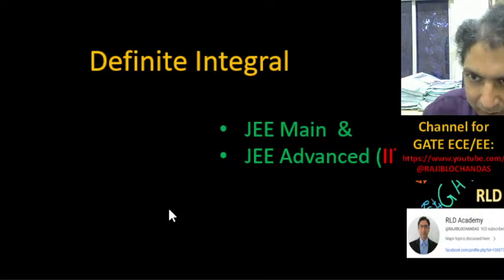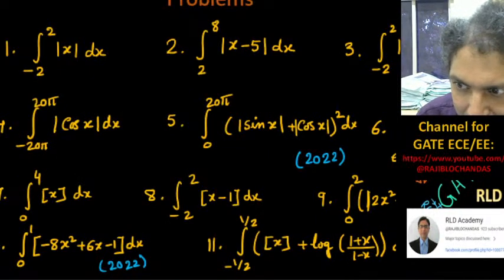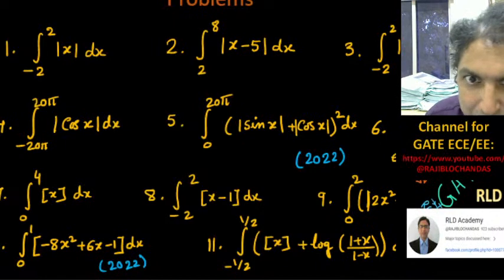So this is the definite integral. Here we will be discussing these few problems. There are 11 problems, and then we will be discussing more. And here you will see that some absolute functions are given, some greatest integer functions.